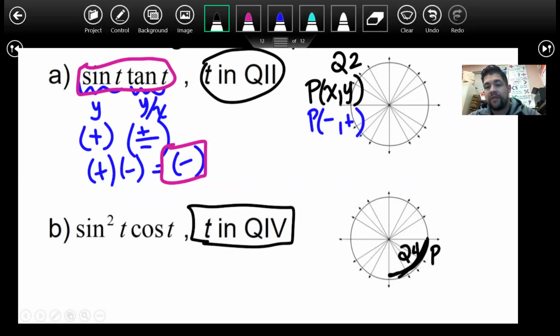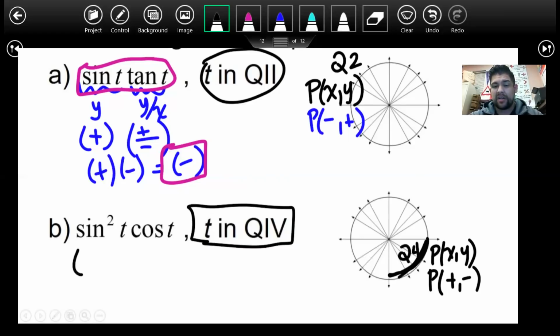In this case, we know we have a coordinate point x and y. We know that in this quadrant, it will be positive, negative. All Students Take Calculus: the only thing that will be positive is the x term. So let's look at our y variable.